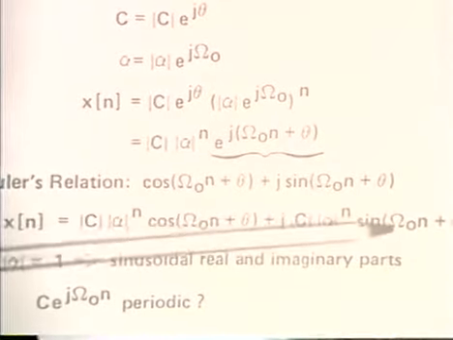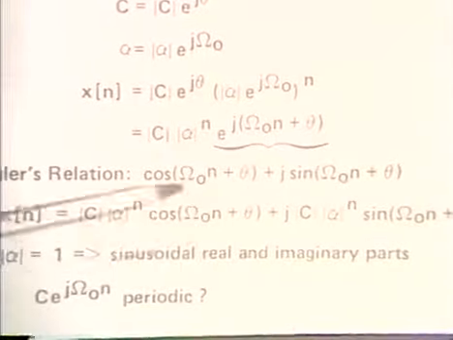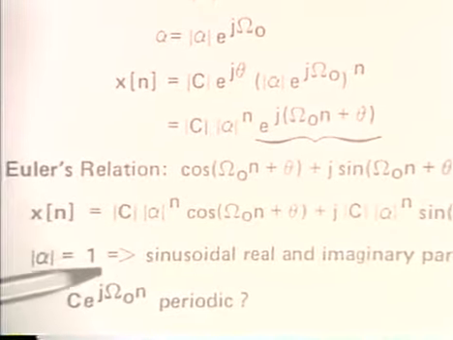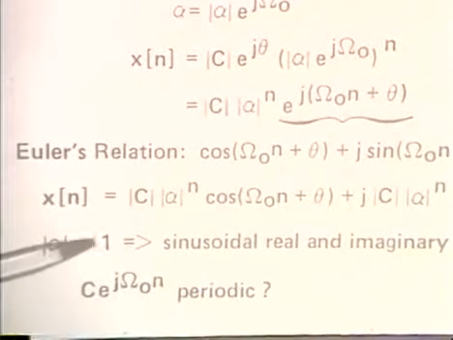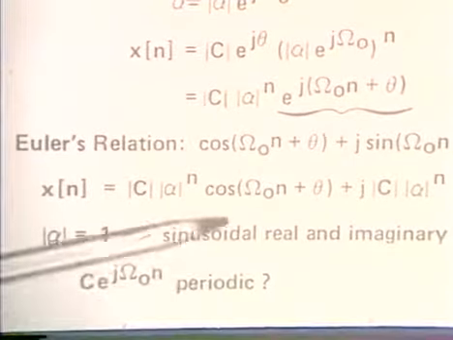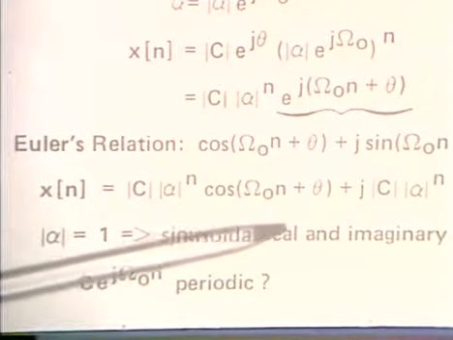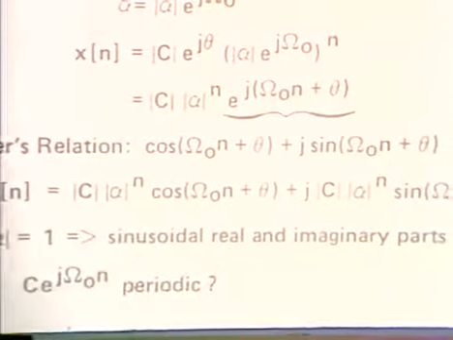And so we have sinusoids in both the real and the imaginary parts. Now, one can ask whether, in general, the complex exponential with the magnitude of alpha equal to 1 is periodic or not periodic. And the clue to that can be inferred by examining this expression.